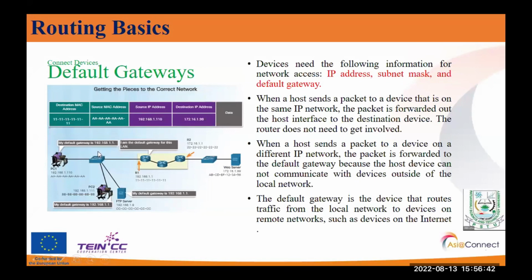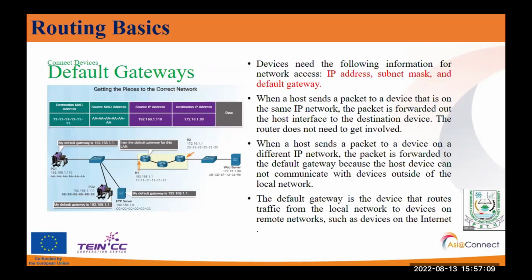So this is basically the default gateway, and the default gateway is usually the address of the interface on the router connected to the local network. That means this router is connected to this local network. So this interface is the gateway of this LAN, and the router maintains routing table entries of all connected networks as well as entries of remote networks, and then determines the best path to reach those destinations.